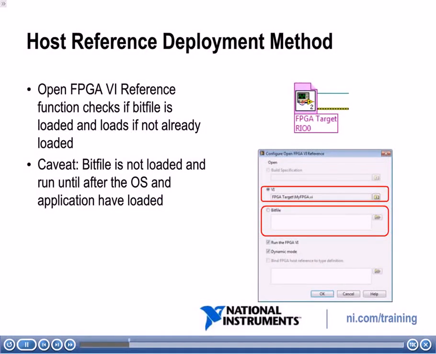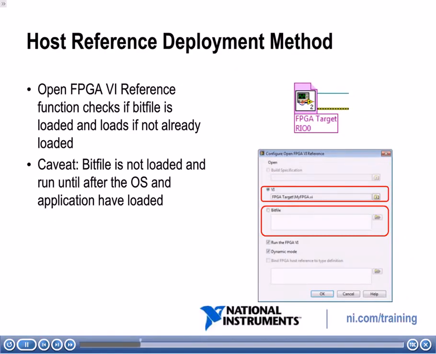The way that you would implement this method is on your host VI, you're going to place that open VI reference function that you see there at the top, and then you're going to configure that function. Notice that we are in the configuration window there at the bottom, and what we've done in this case is we've selected a VI, which is my FPGA.vi.